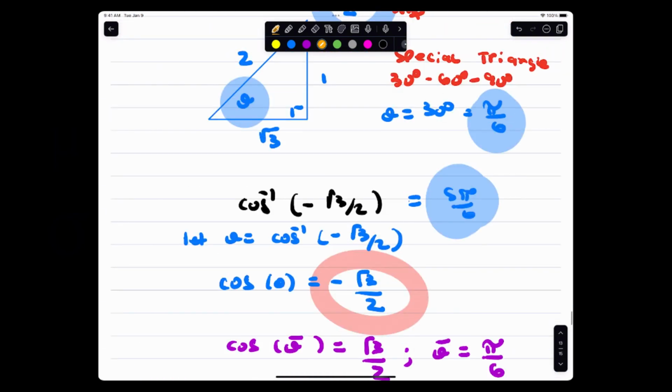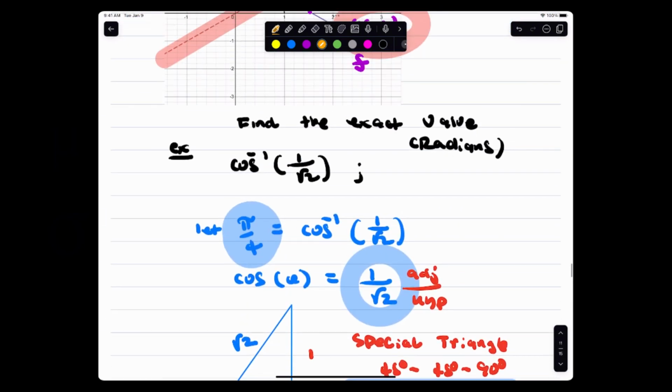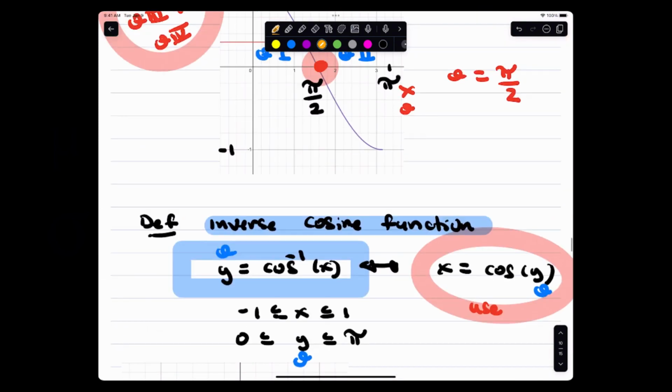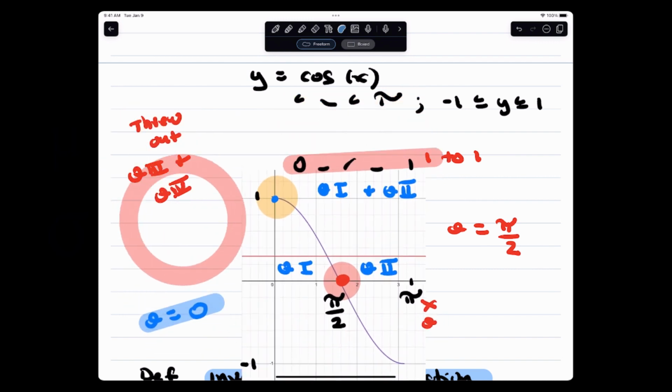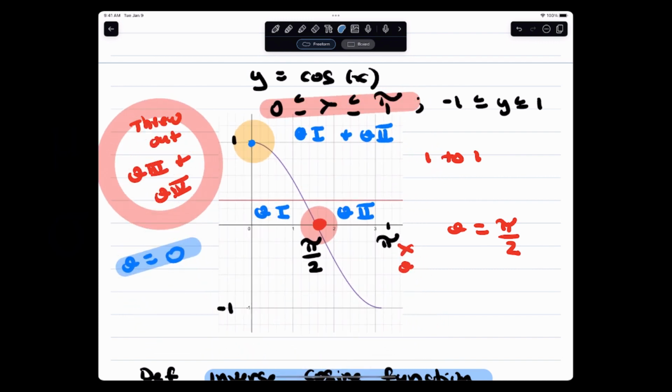Cosine theta is 1 right here. So that happens when theta equals 0. Is that true? So there it is. Theta has to be 0 in order for cosine to be 1.